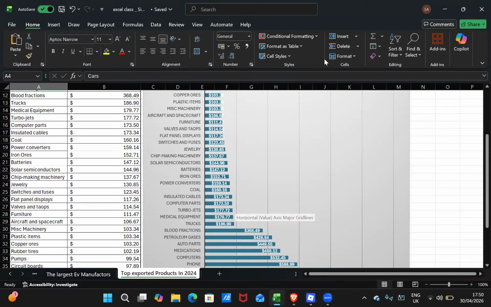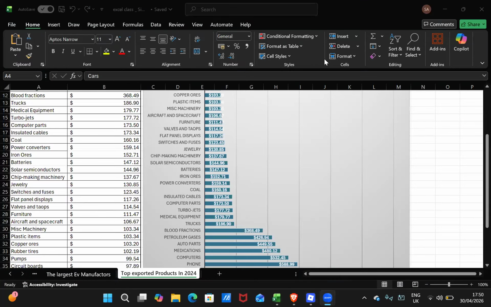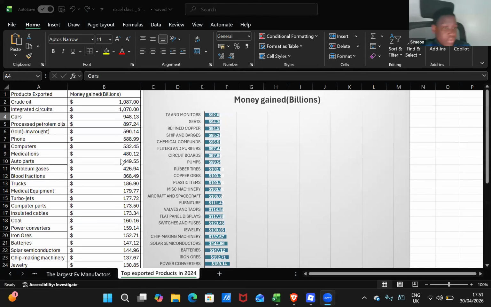Okay, so what comes as number 3 on the list of highest exported products? Cars, and that is not surprising. So cars would definitely include electric cars and non-electric cars, right?